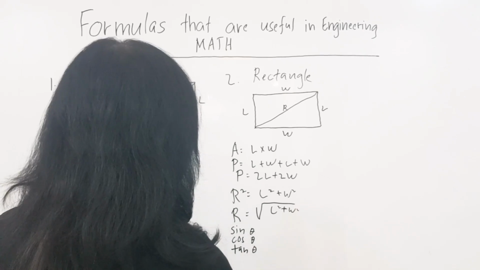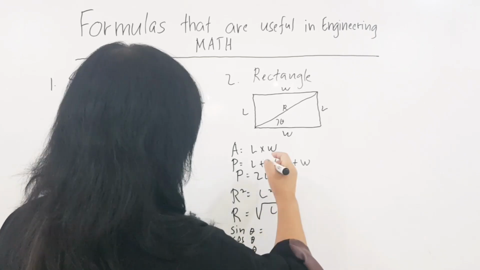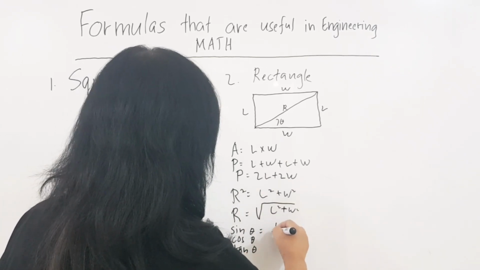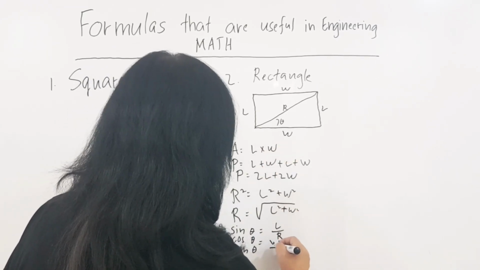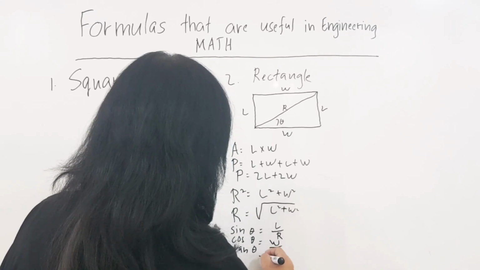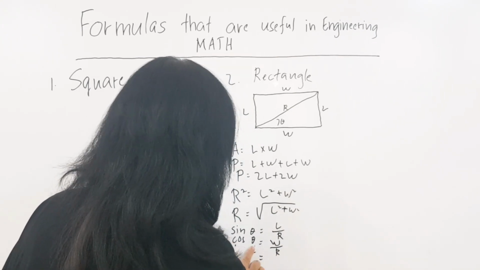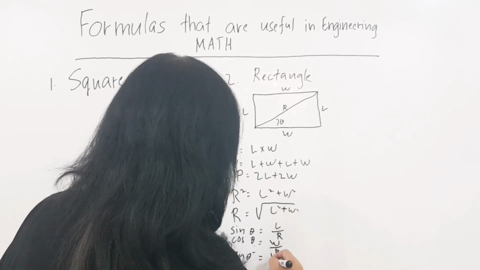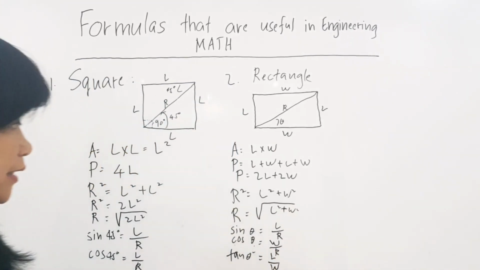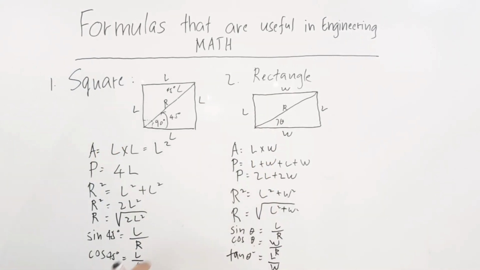Like for example, this angle theta: sine of theta is equal to L over R, cosine is equal to W over R, and tangent is equal to the opposite over the adjacent, which is the length over the W. This is how we can find the formulas you can have in a rectangle, and this is in the square.